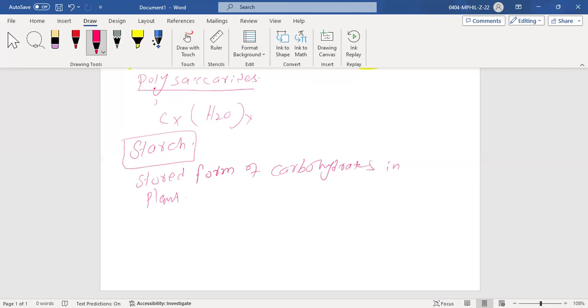Okay. So starch is made up of two components, two macromolecules. Its composition is, it is made up of two macromolecules.